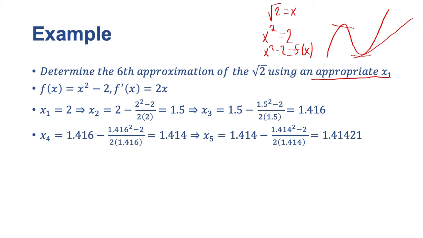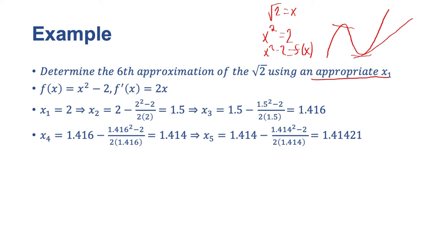The difference between our different approximations is getting a lot smaller, which means we're getting closer to an approximation. So now we're going to take x5. x5 is going to be equal to 1.414 minus (1.414 squared minus 2) over (2 times 1.414). That's going to be equal to 1.41421.